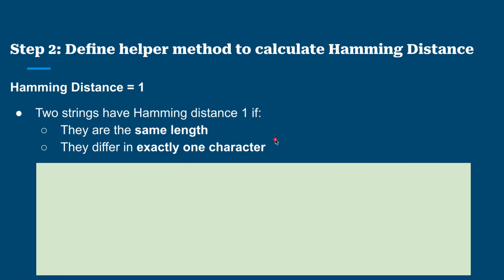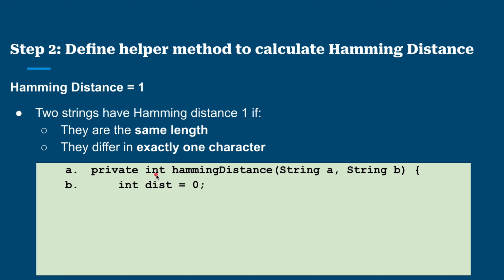So how are we going to create the function? First of all, we'll define a function, let's say hammingDistance, with two parameters a and b, and it will return 1 as output. This will be the helper function, so we'll make it private.